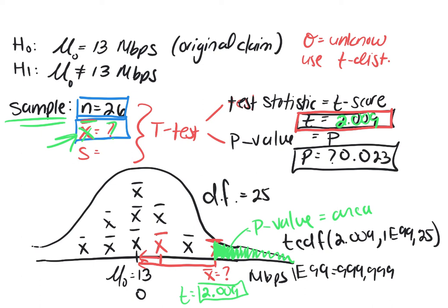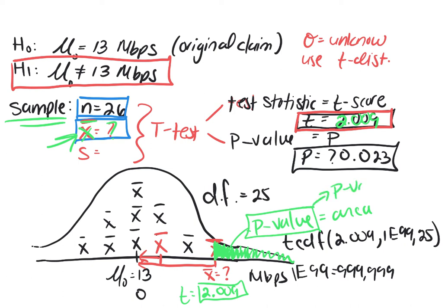Because this is a two-tail test, and how do I know that it's a two-tail test? I look at the alternative hypothesis, which has that not equal sign. Because I have a two-tail test, this area that I shaded in green, I said before it's the p-value, but it's actually your p-value divided by 2. So it's half of your p-value.